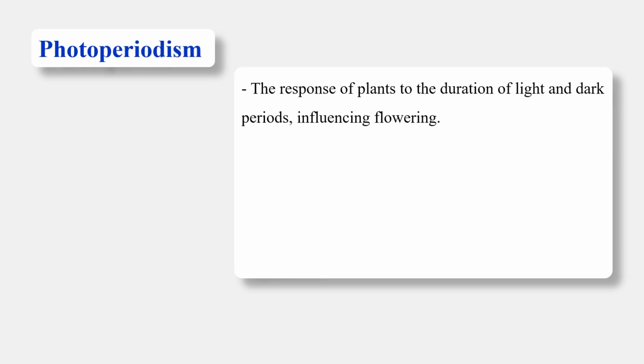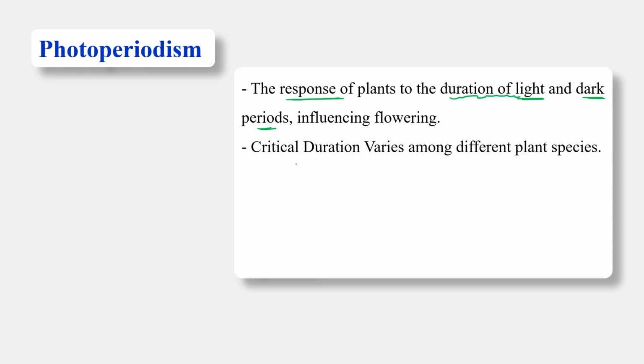Photoperiodism: the response of a plant to the duration of light and dark periods. Plant response is not to light alone but to the duration of light and dark periods, and it actually influences the flowering of the plant. So the critical duration varies among different plant species.